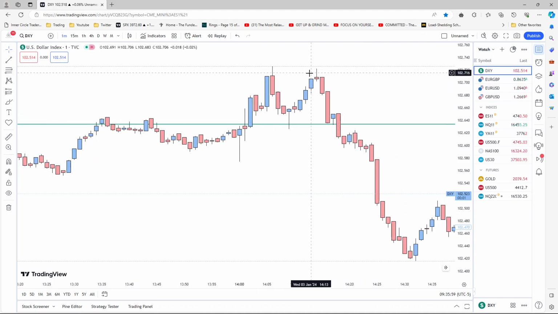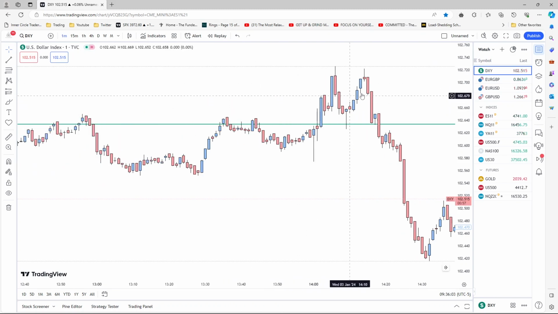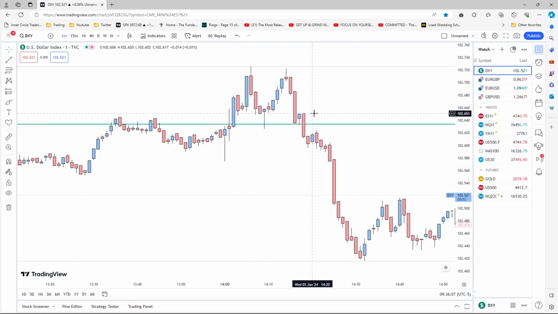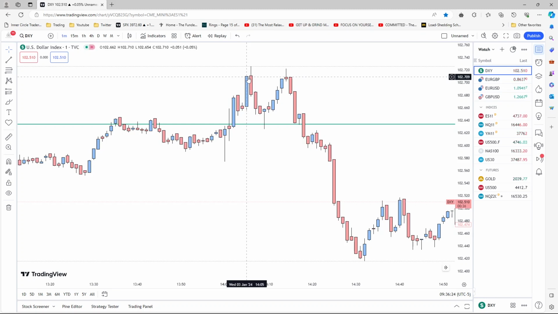Now, if you didn't find an entry in this section of price action, I wouldn't want to look. Now this is for the more seasoned student that's been studying ICT's concepts for a little bit longer.